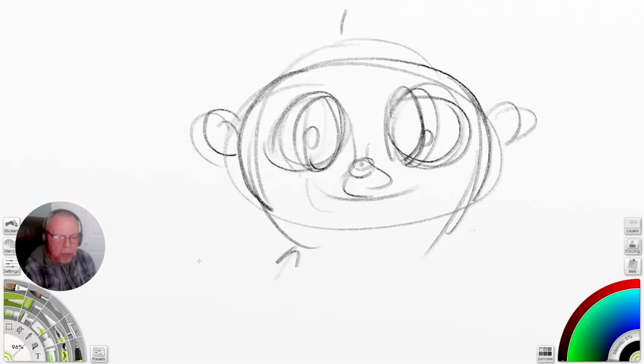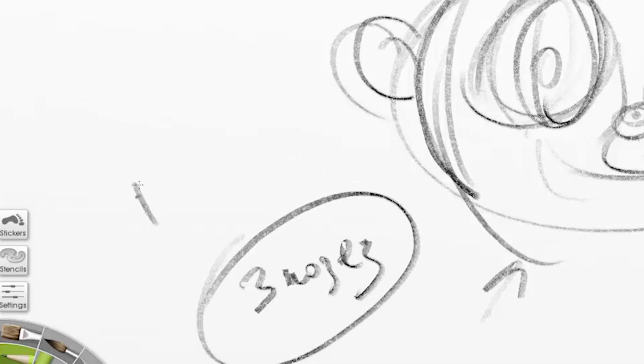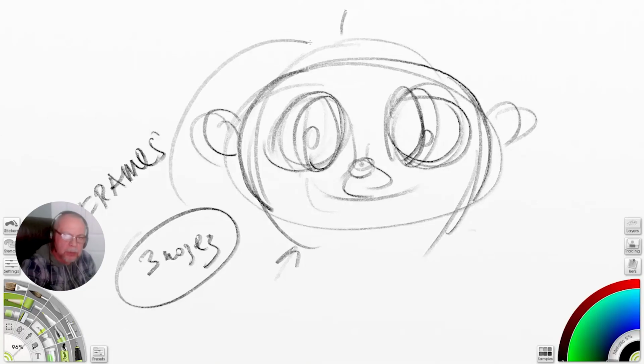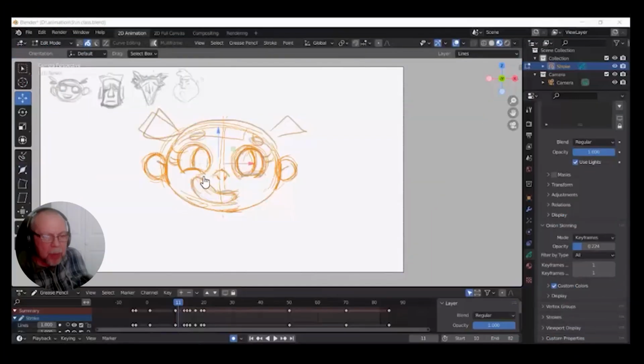No, try to keep at least 3 poses, or 3 frames actually, closer to the previous key. Of course it's not the same amount of shape, but anyway, it's still looking like a girl, not like a man. That's what I'm talking about. Okay, that's an important thing for everyone.